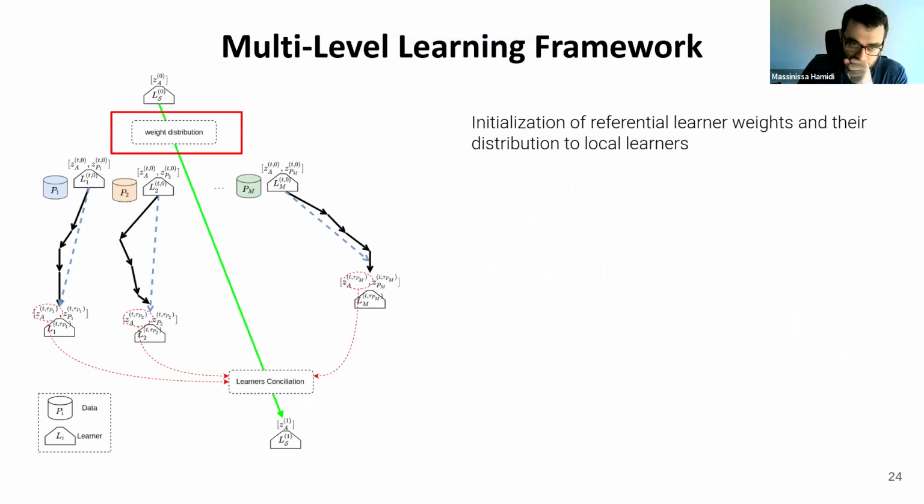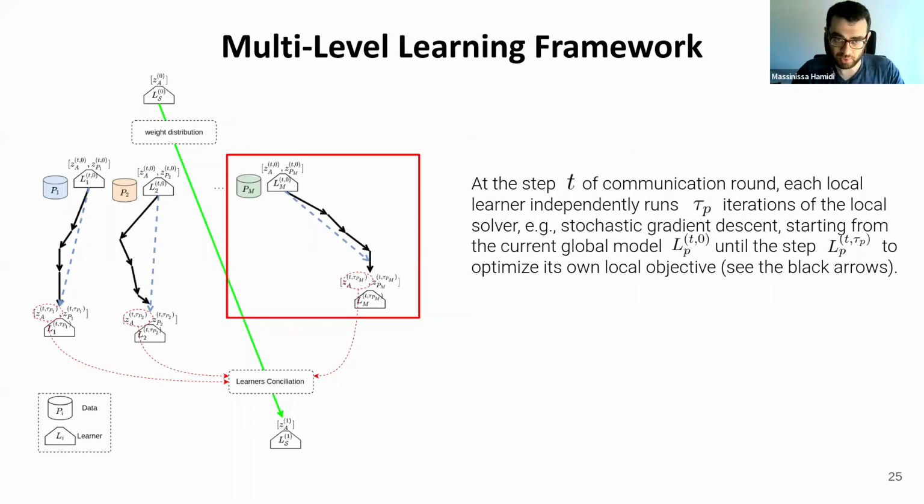So, to sum up, the end-to-end process begins with the initialization of the referential learners' weights, which you can see highlighted in red, and which are then distributed to the local learners. This is the beginning of the process. The local learners independently perform several stochastic gradient descent iterations to optimize their own objective function, depicted here in black arrows.